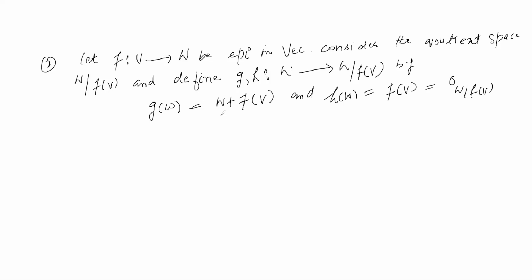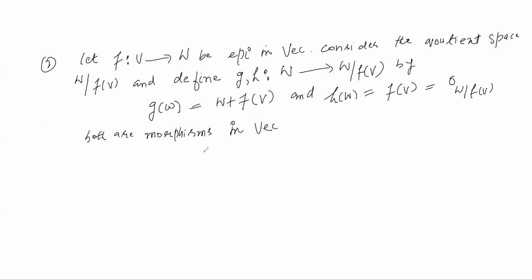Now both g and h are morphisms in the category Vec. You can see that they are linear.